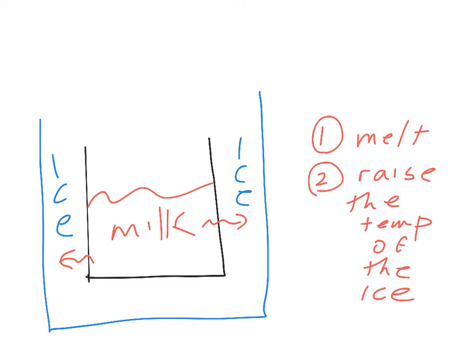Now, if we just placed the milk in a container of ice, the milk would simply melt enough ice until it established thermal equilibrium with the new ice water, which would probably be around 0 degrees. But we want to get our milk cold, really, really cold. In other words, we want to make sure that something causes the milk to lose even more heat than's necessary just to establish thermal equilibrium and just to melt what ice is necessary to establish thermal equilibrium.